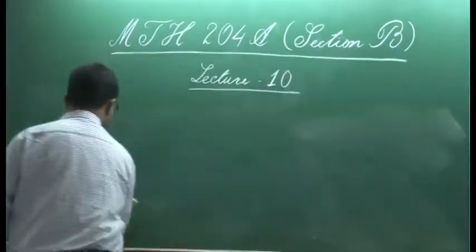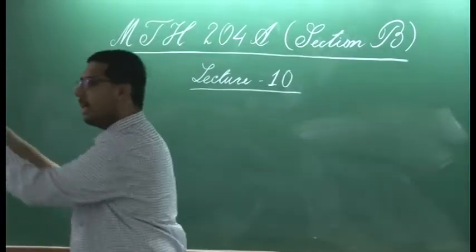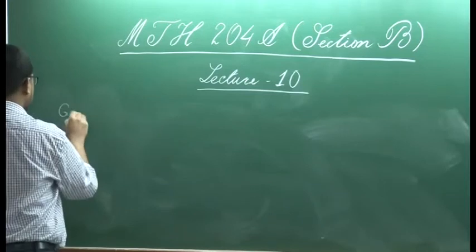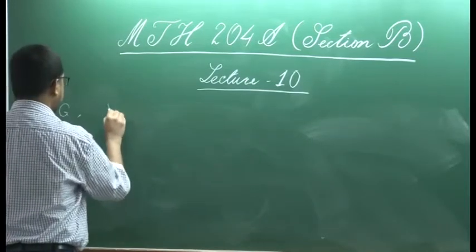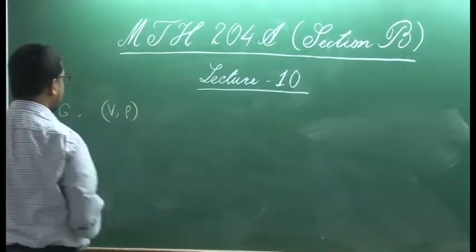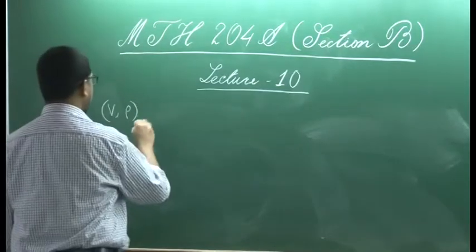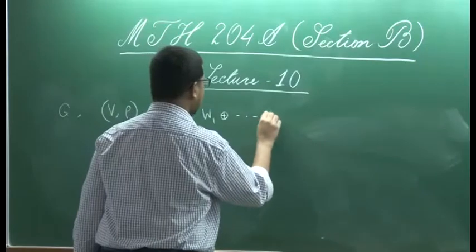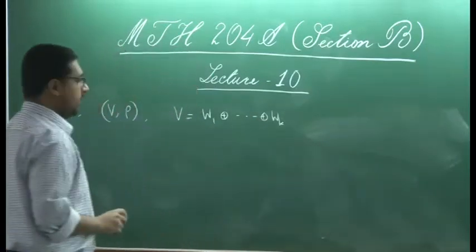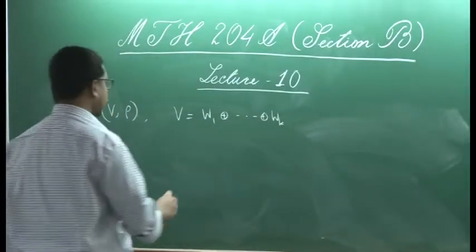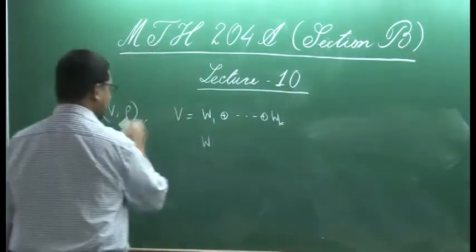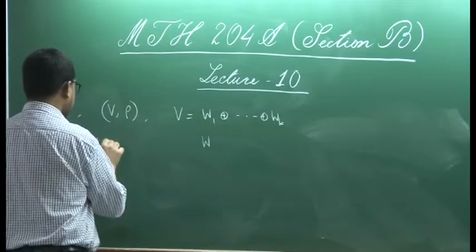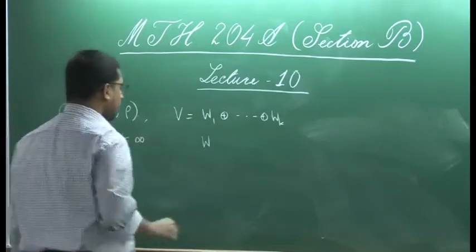It is very simple. Suppose V, rho is a representation of G, and we do have decompositions like this, where W1 up to Wk are G invariant subspaces, and assume V has finite dimension.